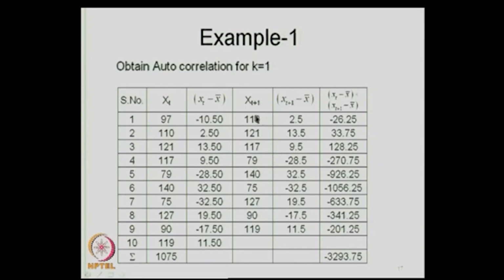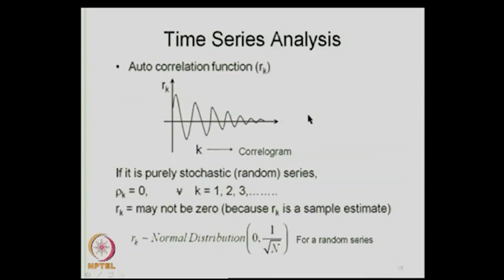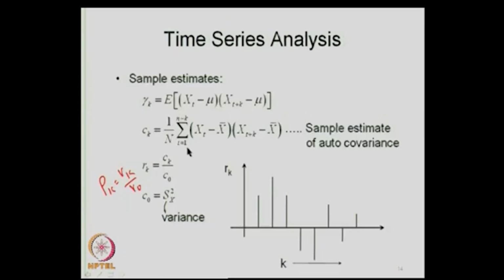So, how many values you would have to compute this? In the case of k is equal to 1 for this particular case you had 9 values, for k is equal to 2 you had 8 values, for k is equal to 3 you will have 7 values and so on. And therefore, as your lag increases you are estimating based on smaller and smaller number of values, because as you can see here the summation is from t is equal to 1 to n minus k.